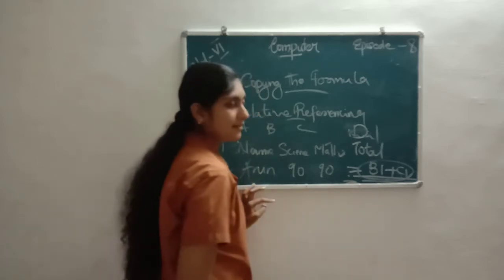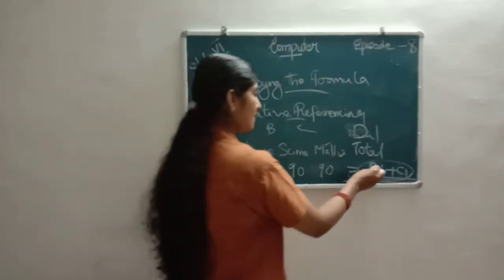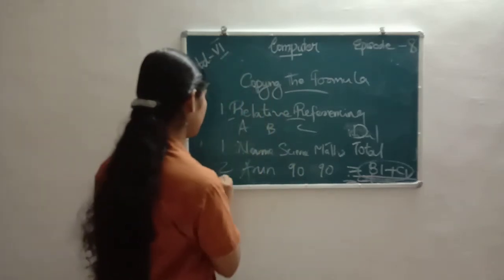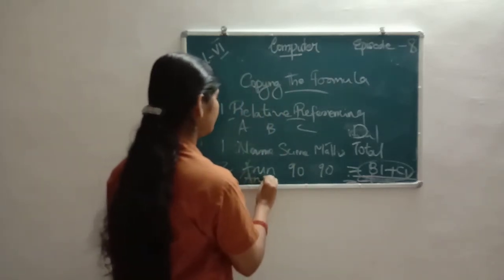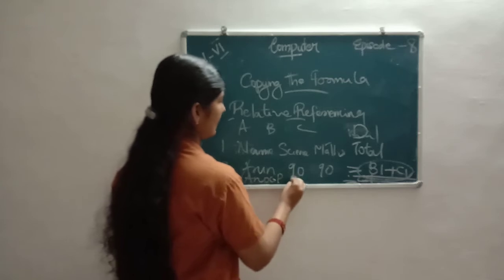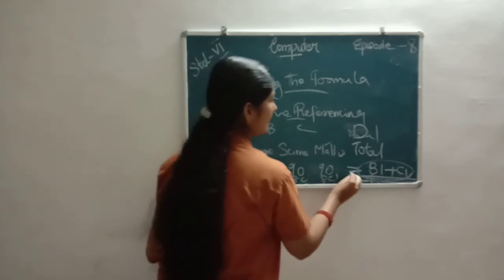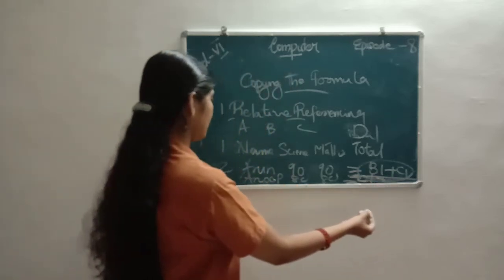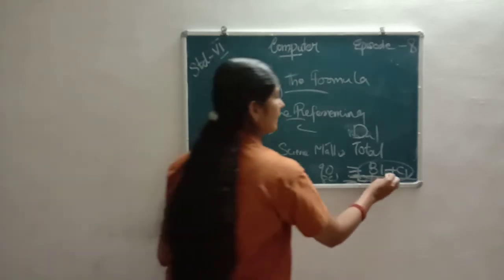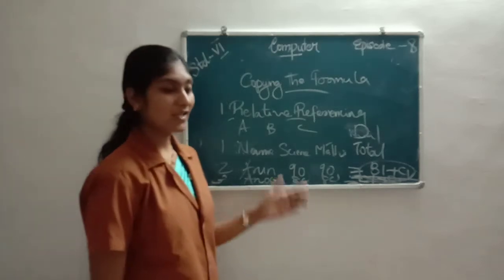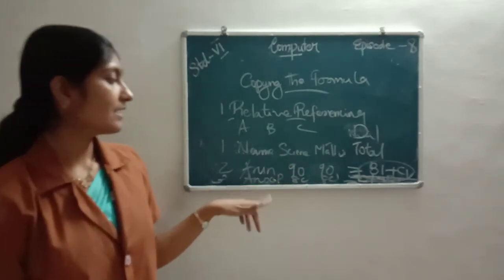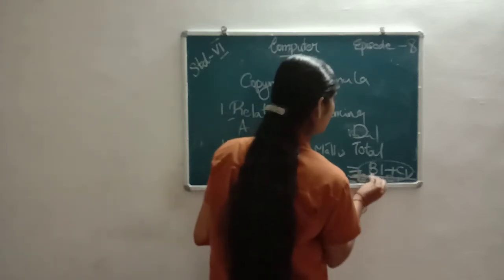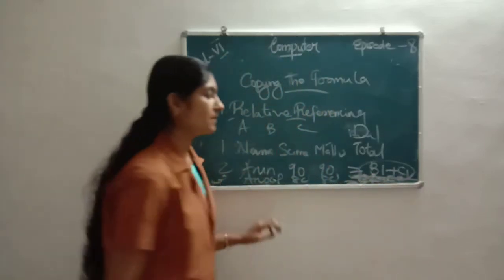The cell address changes. That means the same C1, D1, and for another example, 80 plus 80, it will change to D2 plus C2.